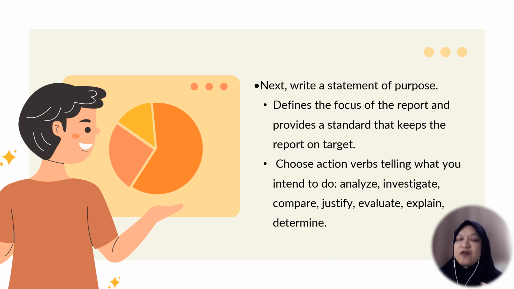Maybe you want to compare male and female students who have dissatisfaction towards certain things. You want to justify why the problems exist. You want to evaluate how the problems occur. You want to explain the problems that exist in a certain area and why they exist.